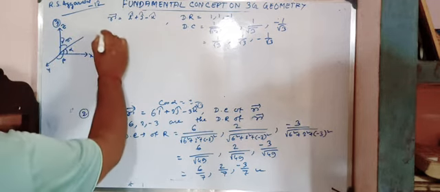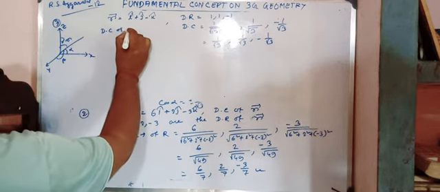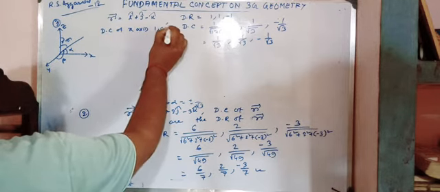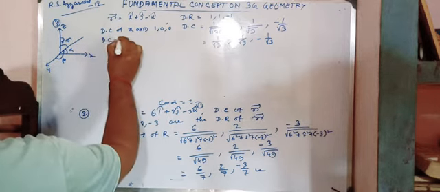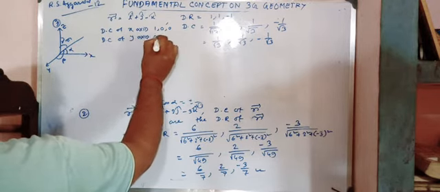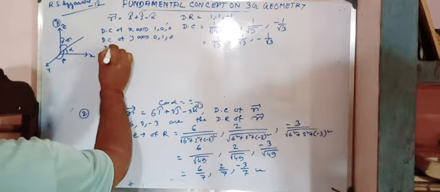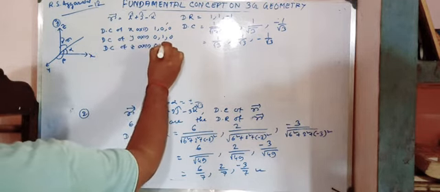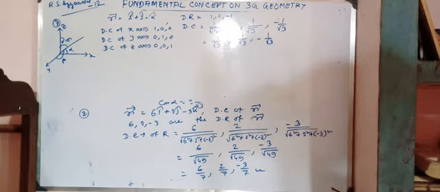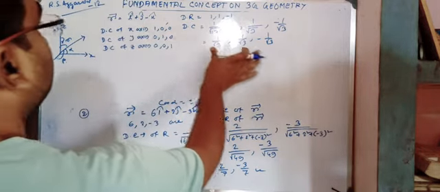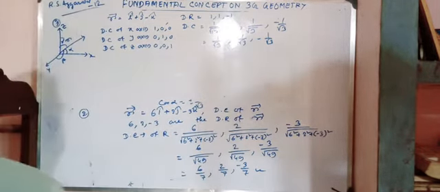Okay, so the direction cosine of the x axis is equal to how much? 1 0 0. Direction cosine of the y axis 0 1 0 and direction cosine of the z axis 0 0 1. Understood that? Now here the direction cosine of r, this straight line, that is given in the vector form, is this.